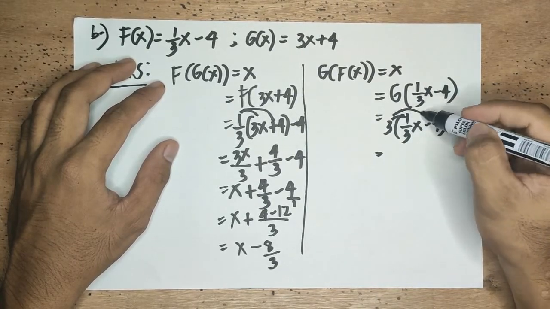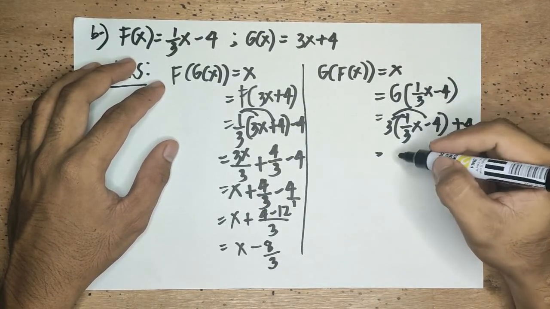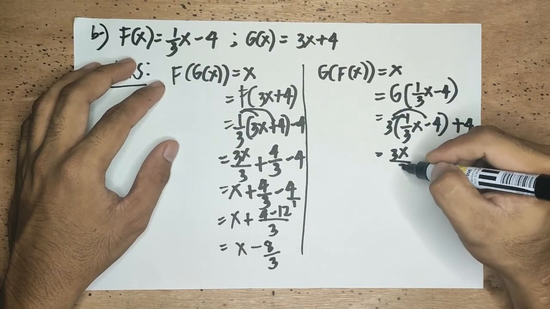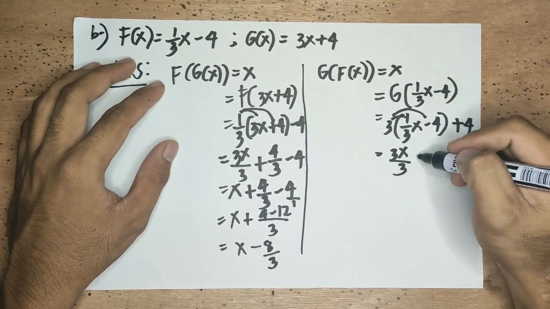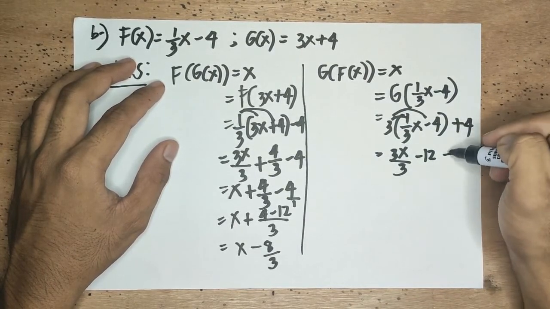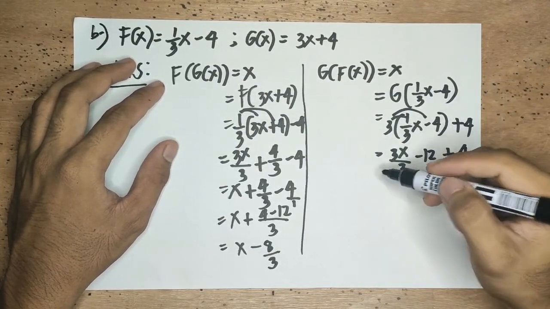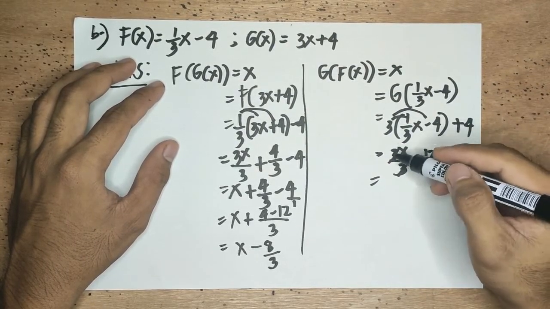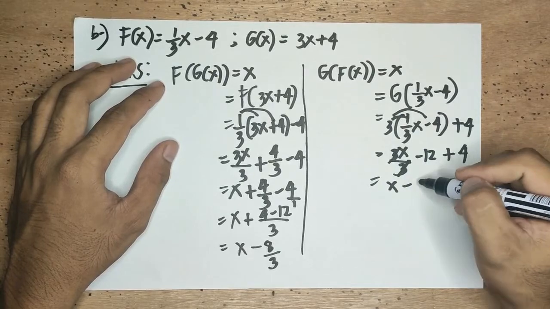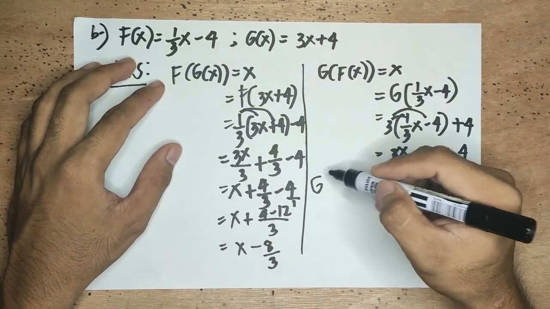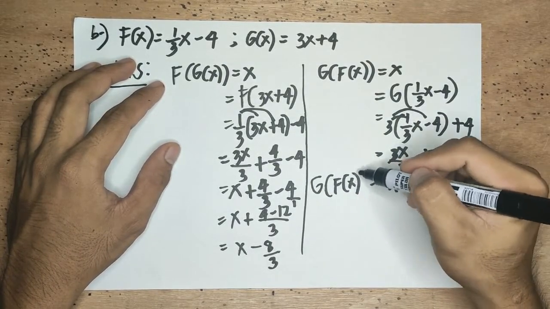Distributing 3 to all the terms inside the parentheses, 3 times 1/3 x is 3x all over 3. And then 3 times negative 4 is negative 12. Then we bring down plus 4. So, mag-1 na yan. So, x minus 8 is the equivalent of g of f of x.